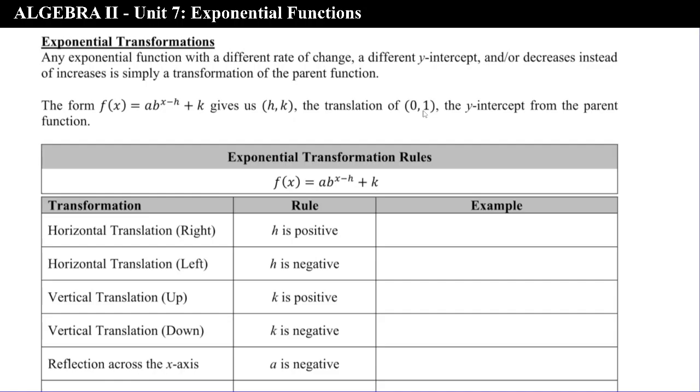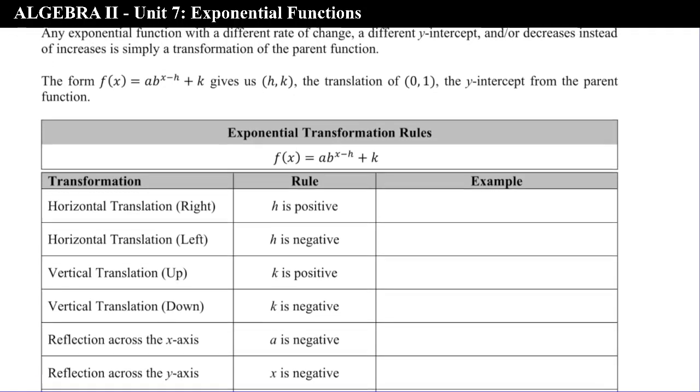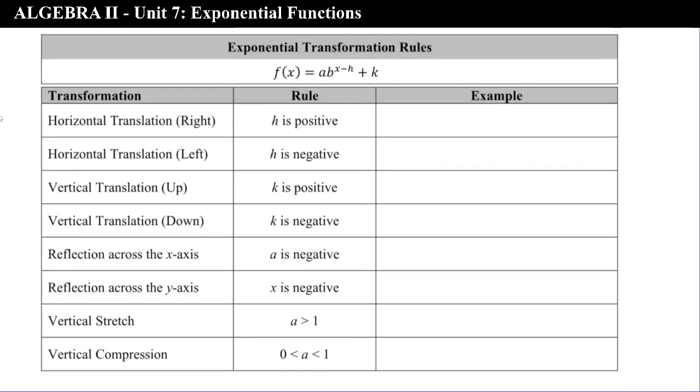Now, I think it's going to be a little bit easier just to translate the entire axes, the entire x and y axis, and draw our graph from that vantage point. And I'll show you how those work as we do example 2. But in the meantime, let's just talk about what these rules do and how they look.